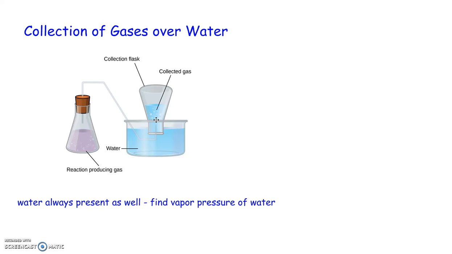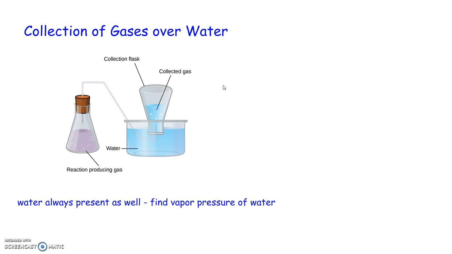Now, when you're trying to find out how much gas you actually collected, it is important that you end up moving that flask up and down so that the water layer inside is equal to the water layer outside of the flask, so that we know the atmospheric pressure is equal to the pressure in the flask. So if I have the pressure inside and outside the flask the same, then I can very easily measure that volume of the gas.